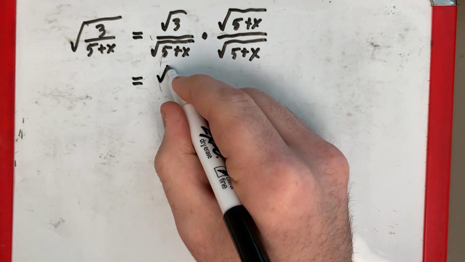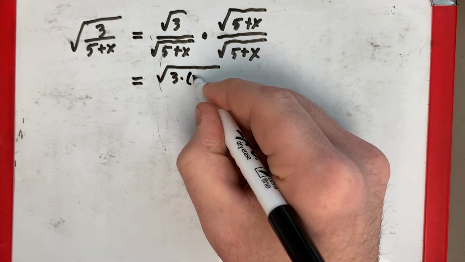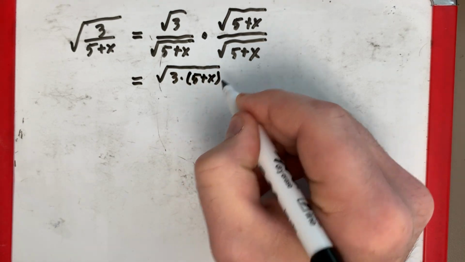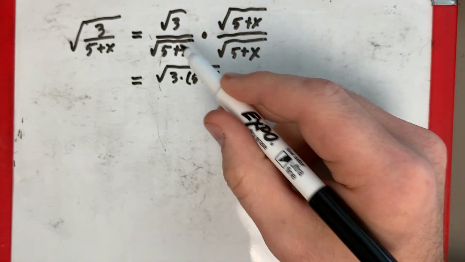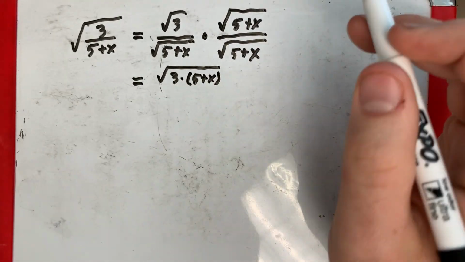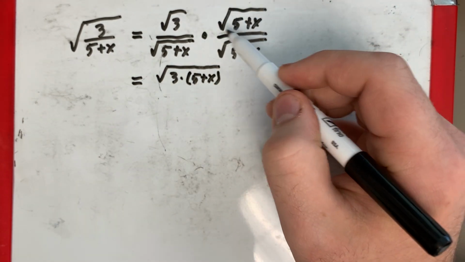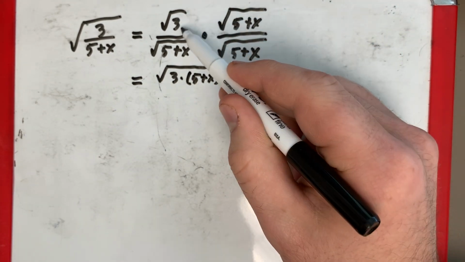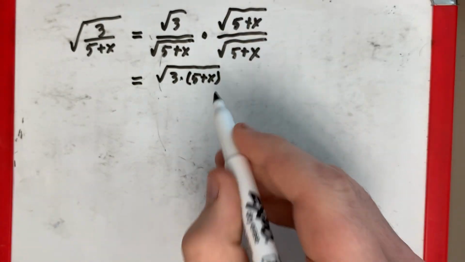But we have to be very careful about how we do that. I'm going to put this all under the same radical, and this is 3 times 5 plus x. Make sure you put that in parentheses, because otherwise it's going to look like you're just multiplying 3 times 5 or something else that's weird. When you combine things under the same radical, you're multiplying the stuff on the inside of the radical. That's why I have the parentheses here.